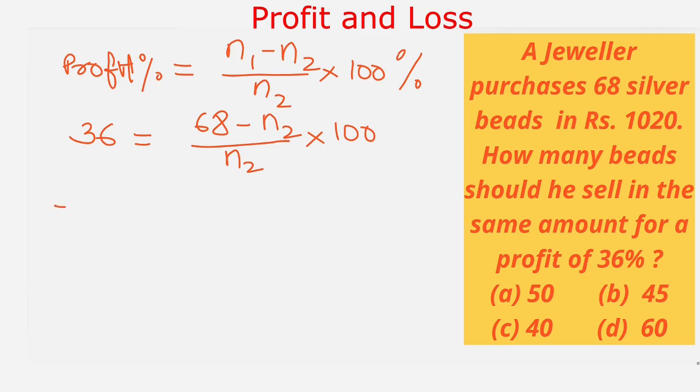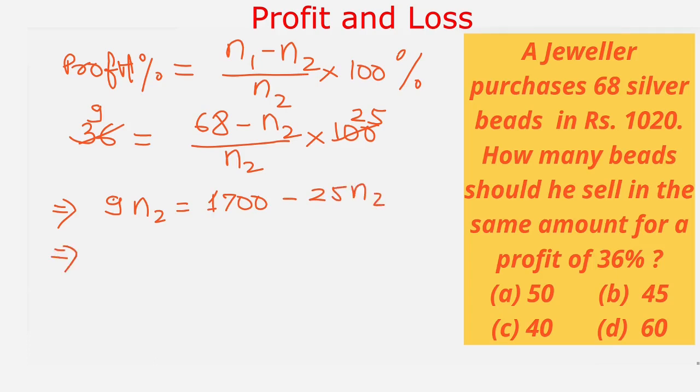We solve this. 4 cancels 36 for 9 times and 100 for 25 times. By cross multiplication we get 9 N2 equal to 68 multiplied by 25, which is 1700, minus 25 N2.